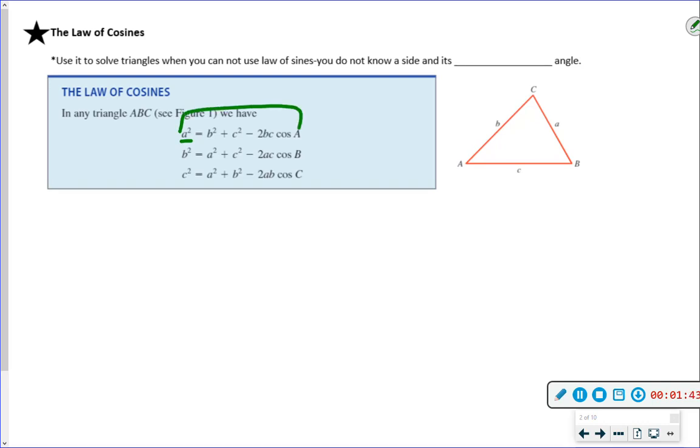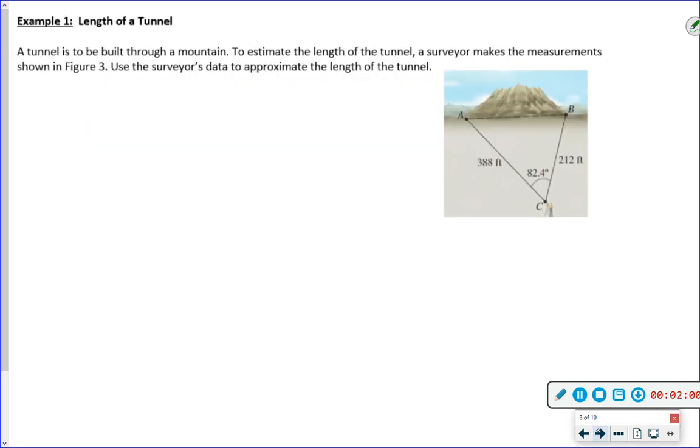It's always that pattern. So I'm not standing up here wondering whether I'm using the a squared formula or the b squared formula. I don't care. I just start with the side and I end with the angle across from it. Square the other sides, minus 2 times those sides. I don't need to memorize the formula, but you will be given those.